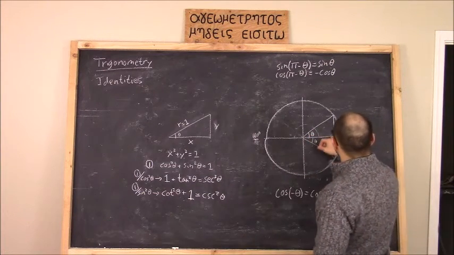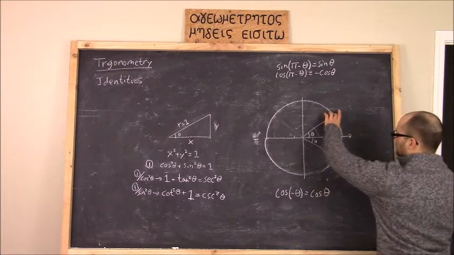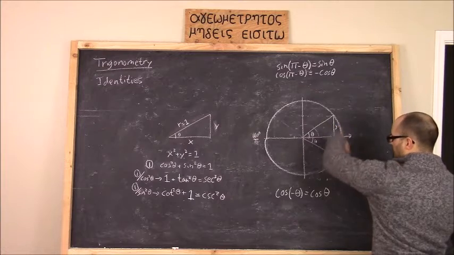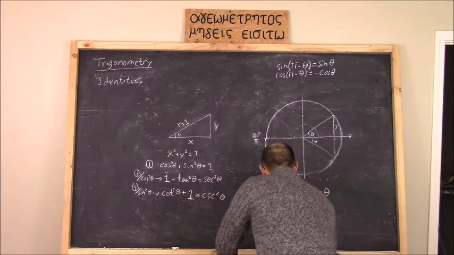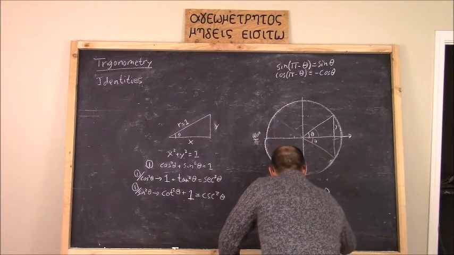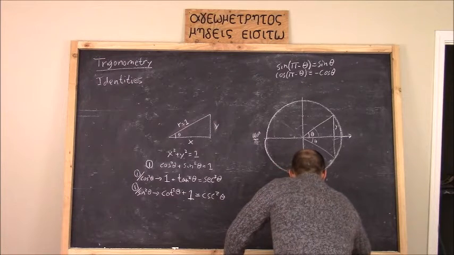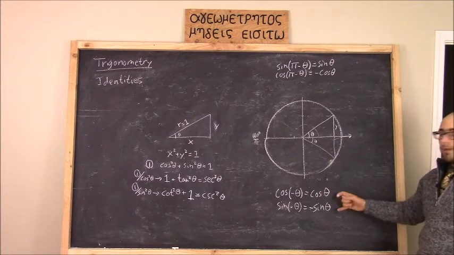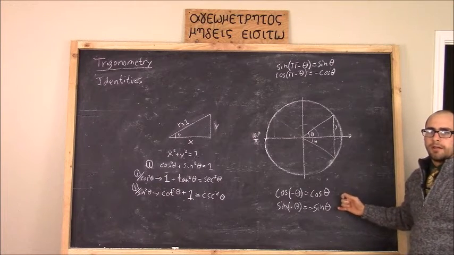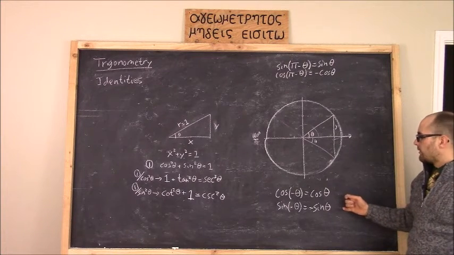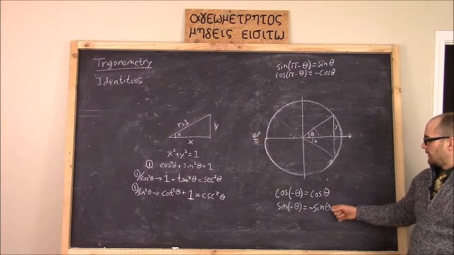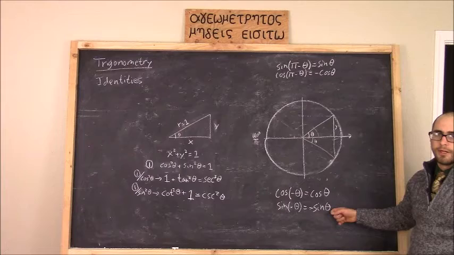And sine, again this height is going to be the same here and here, but it's now on the negative side. So the sine of negative theta is equal to negative sine theta. We'll revisit these later when we graph sine and cosine. This is what we call an even function. This is an example of an odd function.